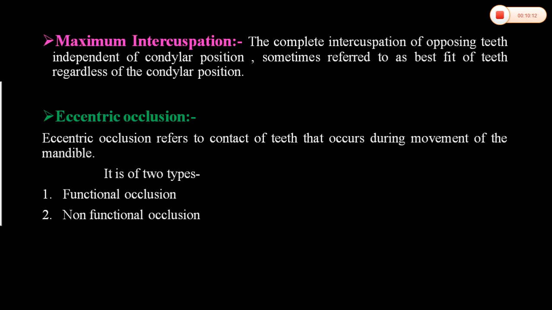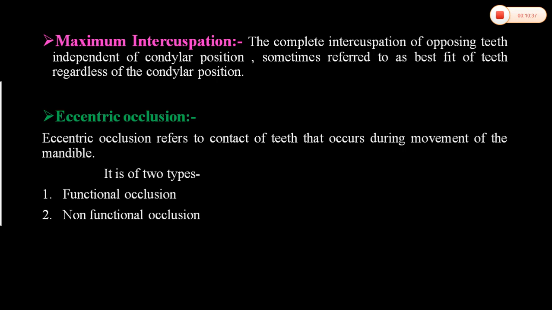Coming to maximum intercuspation: the complete intercuspation of opposing teeth independent of condylar position. This we can see in natural dentition. Here the maxillary and mandibular cusps guide the teeth into occlusion. It is known as maximum intercuspation. This is not related to condylar position.